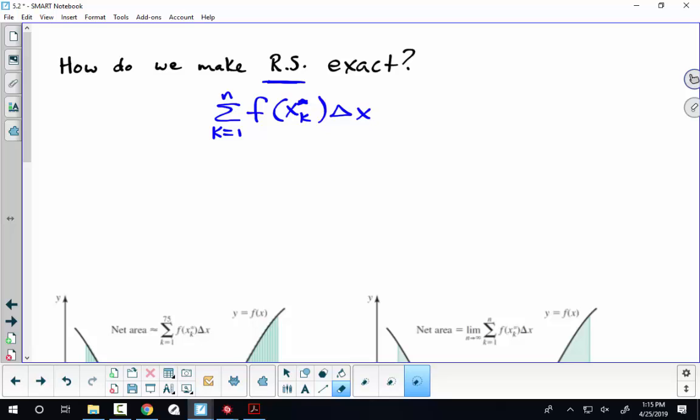So what are we going to do to make that exact? Use a limit, right. We don't want to stop with n equal 50 or 100 or 1,000 or 1,000,000 rectangles. We want to let the number of rectangles n approach infinity, and then that will give us the exact area.